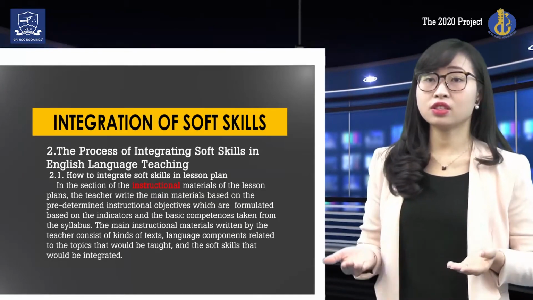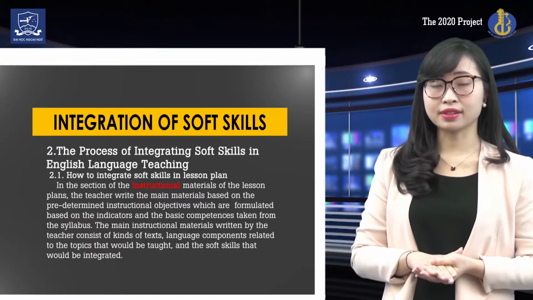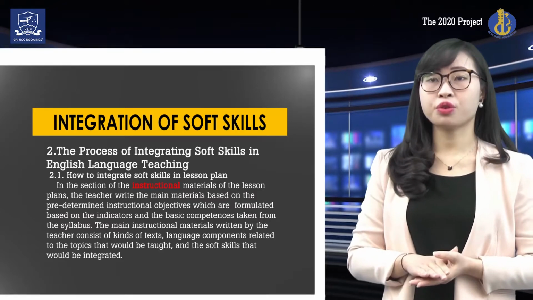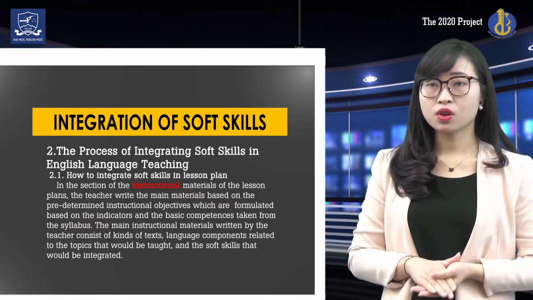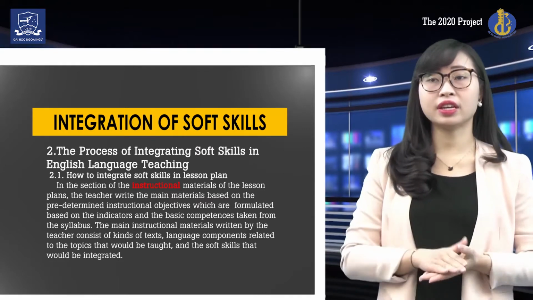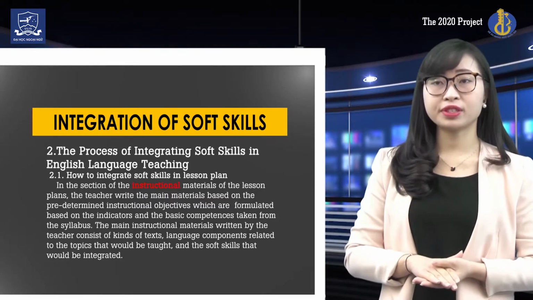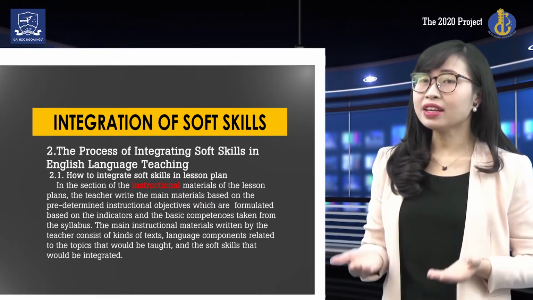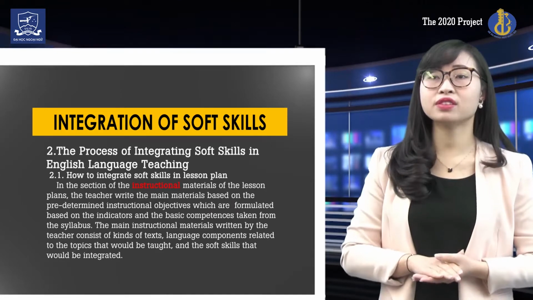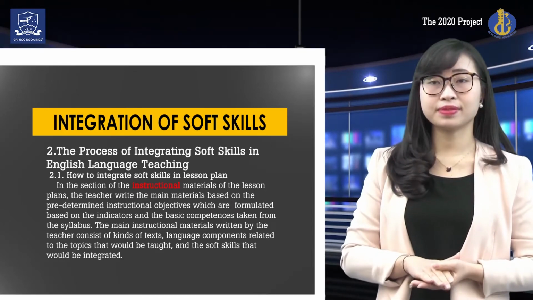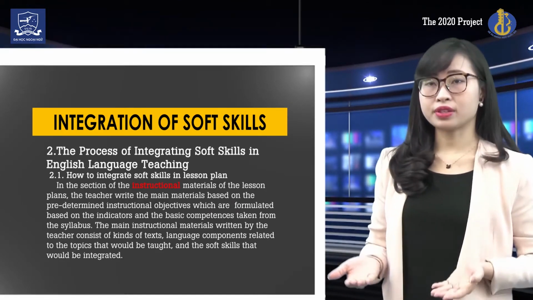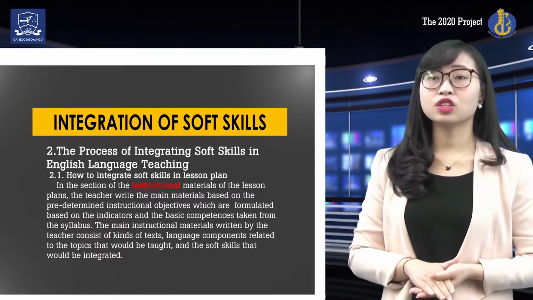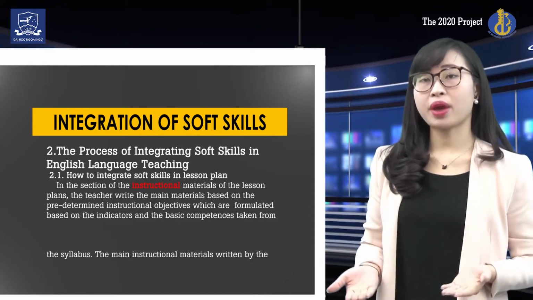In the section of the instructional materials of the lesson plans, the teacher writes the main materials based on the predetermined instructional objectives, which are formulated based on the indicators and the basic competences taken from the syllabus. The main instructional materials written by the teacher consist of kinds of texts, language components related to the topics that would be taught, and the soft skills that would be integrated.